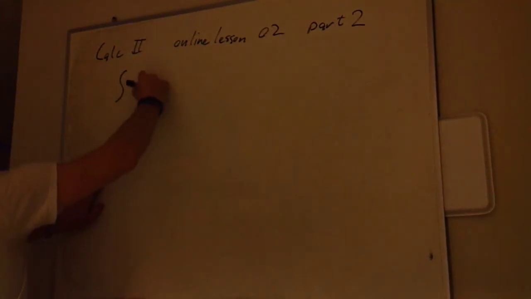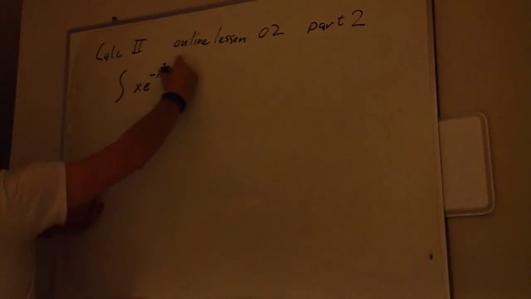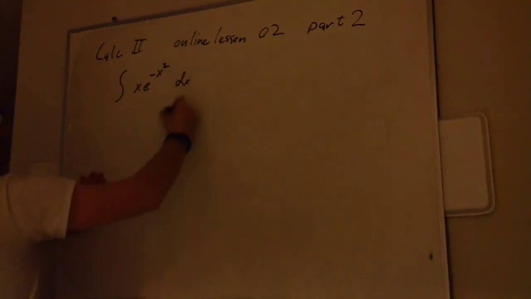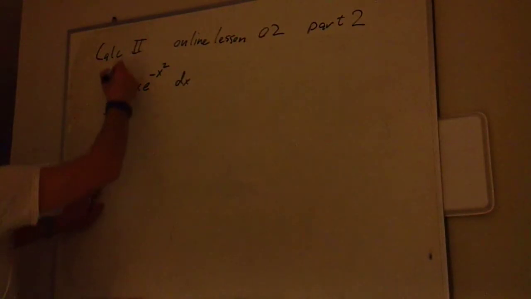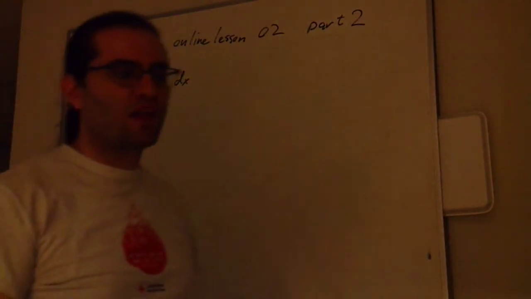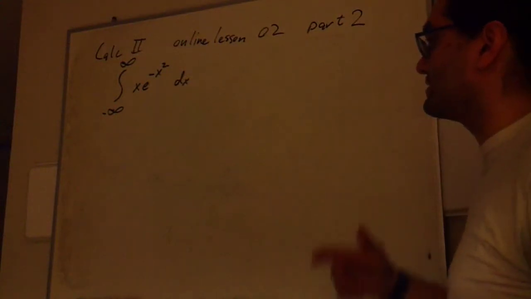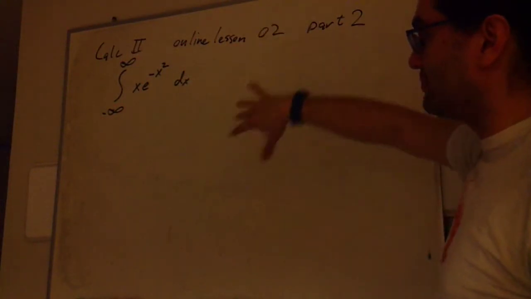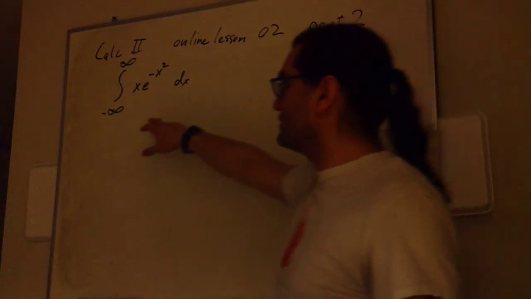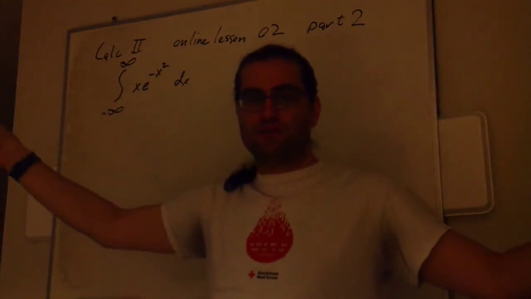I want the integral of x e to the negative x squared dx from negative infinity to infinity. I think that I'm going to get a number out of this. I think this integral converges, which I'm excited to find out because I'm trying to imagine something that would converge despite being infinitely long in both directions.